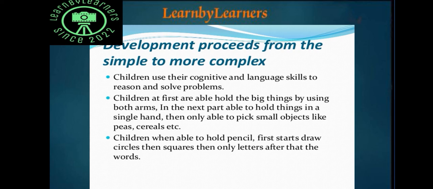As I said, simple to more complex is what? The simple thing is like holding the big thing. The complex thing is what? Holding the smaller thing, picking the smaller thing, catching the smaller thing. So that's what is happening in development, right?